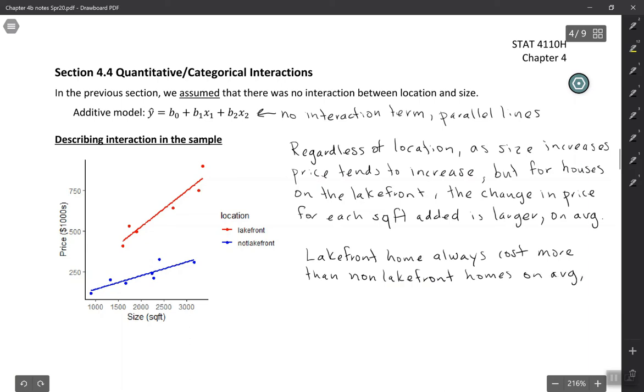But we want to talk about how it changes. That's where the interaction comes in. The difference is bigger for larger homes. So in other words, the effect of being on the lakefront makes a bigger difference for larger homes than it does for smaller homes.